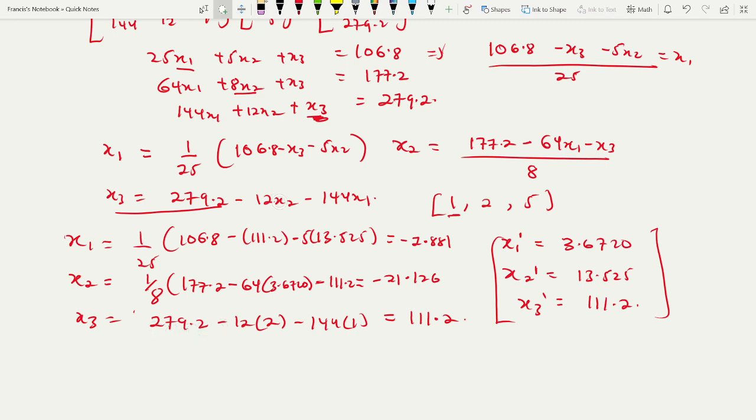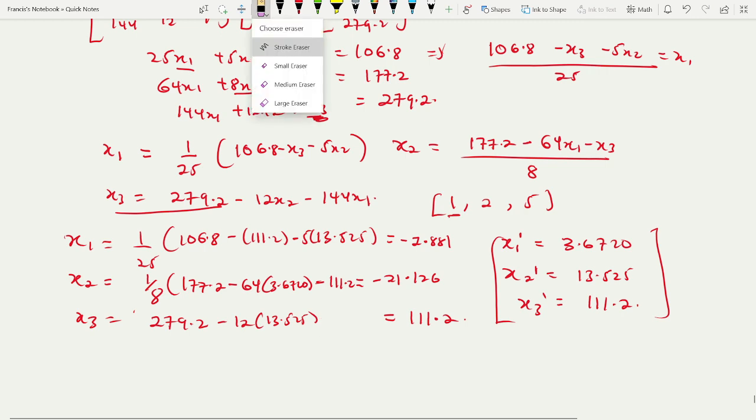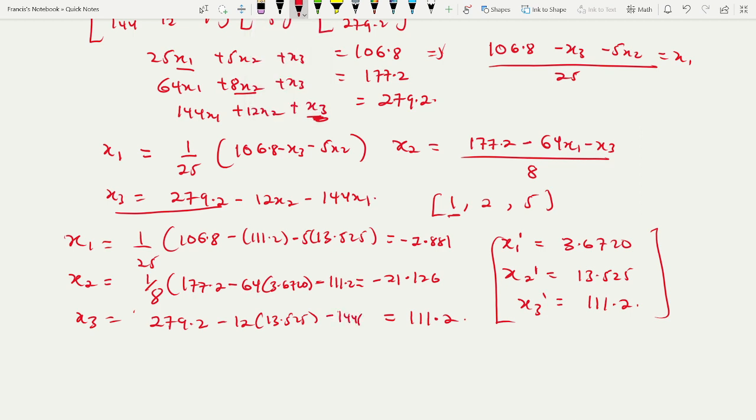279.2, right, minus 12x2. So you clean wherever you see this and do the necessary thing here. My x2 is 13.525, so minus 144x1, which is 3.6720, right?